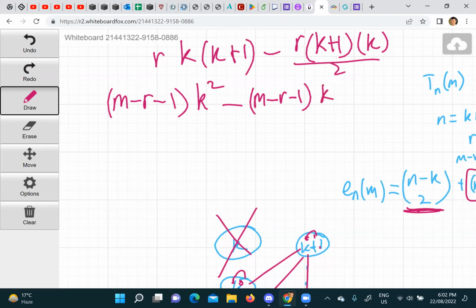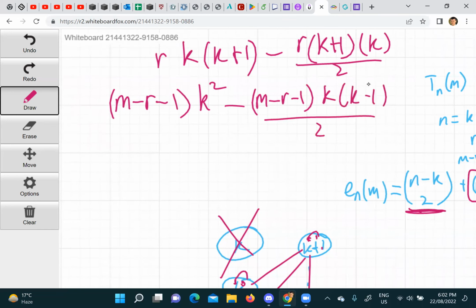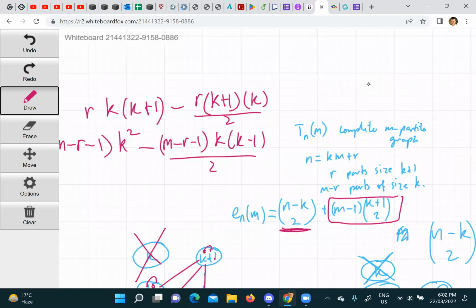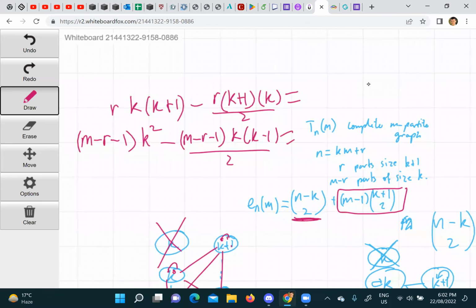So it's k times k minus 1 over 2. Okay. So now we can just simplify these two expressions and add them up. Here we have a lot of common factors. In fact, this is just half of that, so this is just r times k plus 1 over 2.